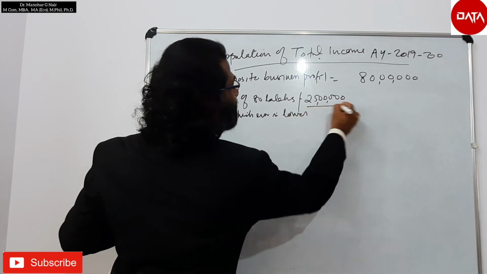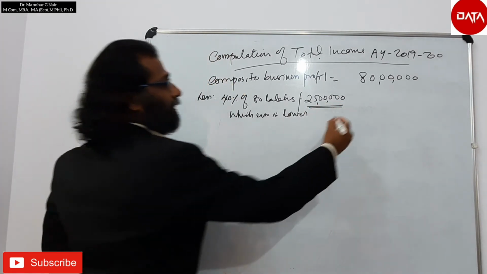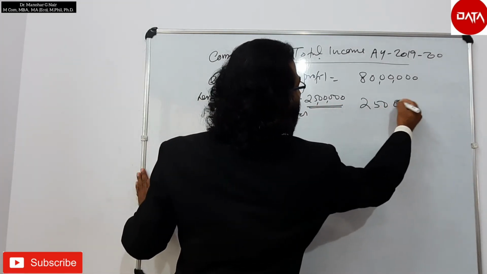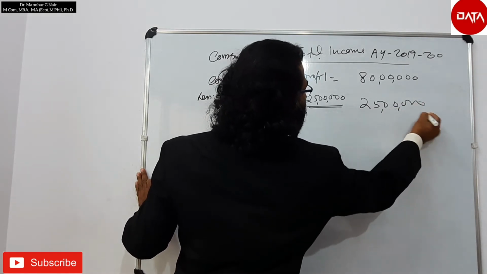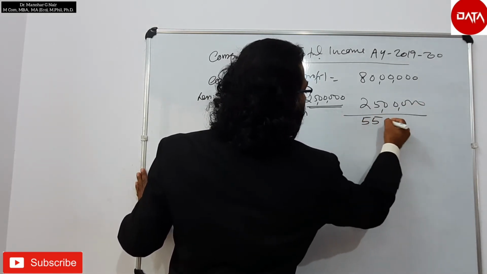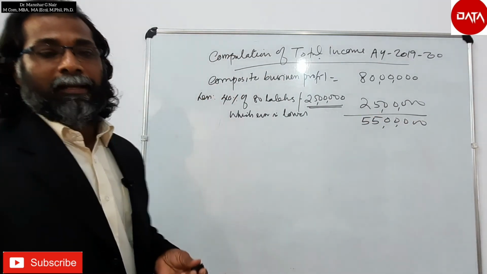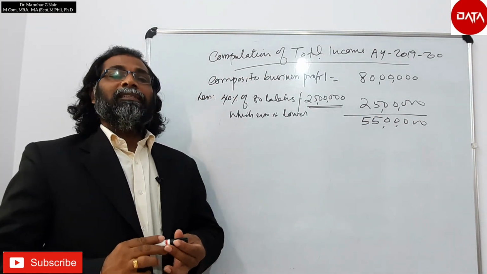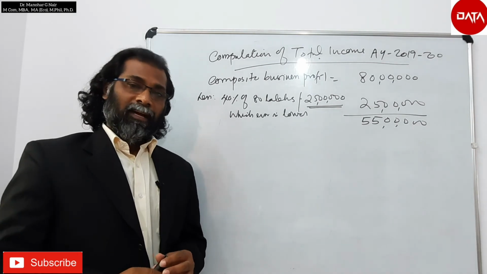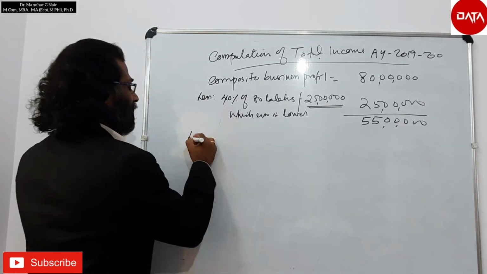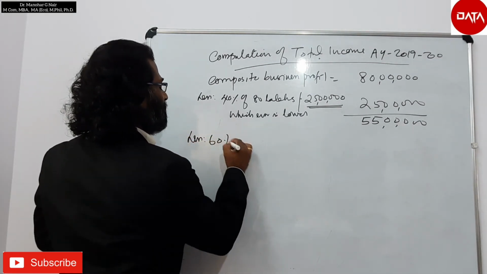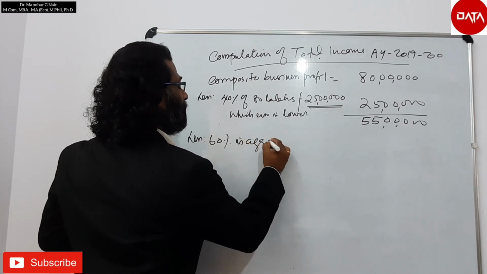So here in this case, this 25 lakhs can be deducted and the balance is 55 lakhs. So from the 55 lakhs, less 60% is agricultural income.